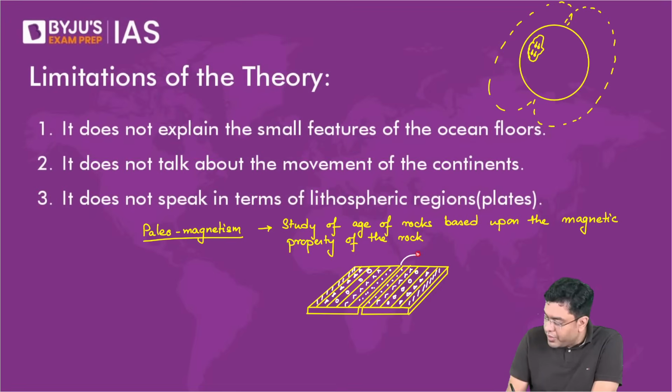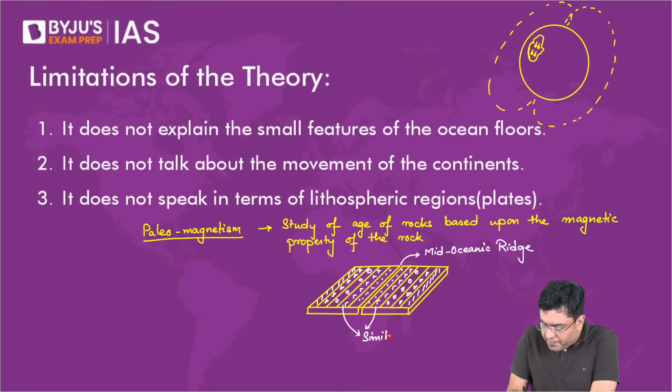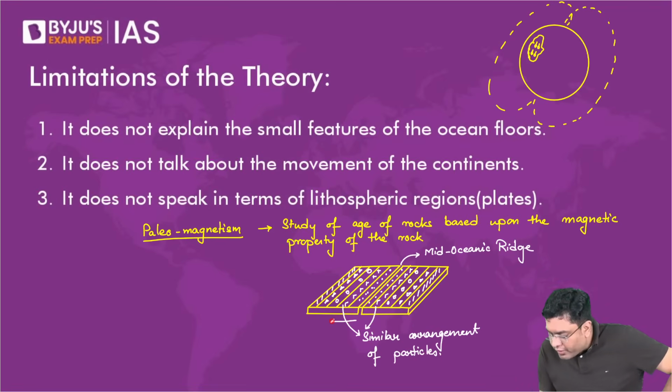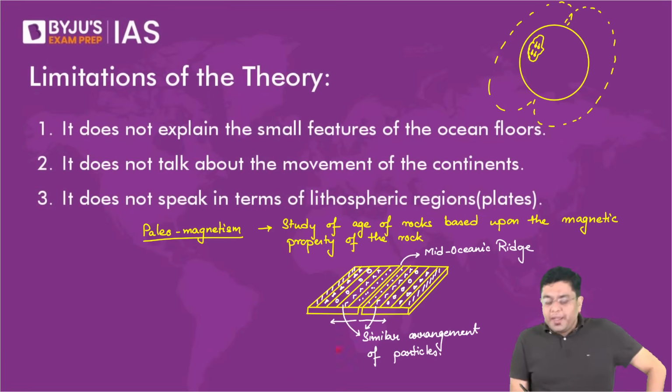This is your mid-oceanic ridge. Similar arrangement of particles. So that indicated that as you moved away from the mid-oceanic ridge and were equidistant away, the age of the rocks is going to be similar.